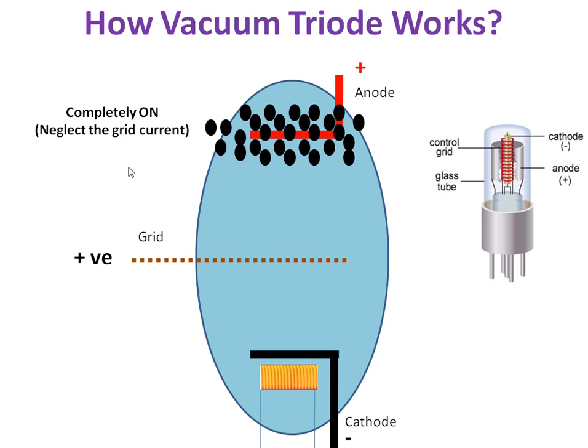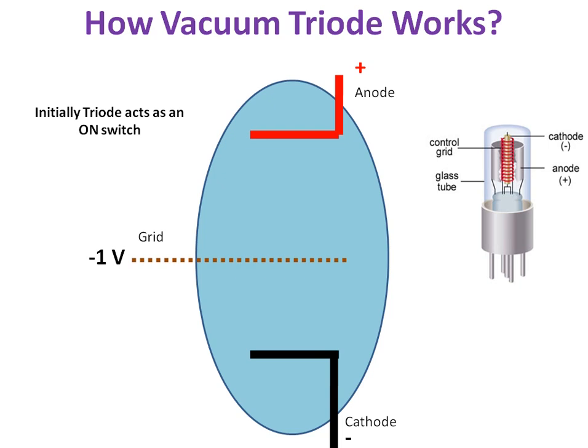Here we assume that there is no grid current, or no electron absorption in the grid. Then there is no space charge at the cathode, and all the electrons will be attracted by the anode, because the anode is positively charged and the electrons are negatively charged. So 100% of the electrons are flowing from cathode to anode.